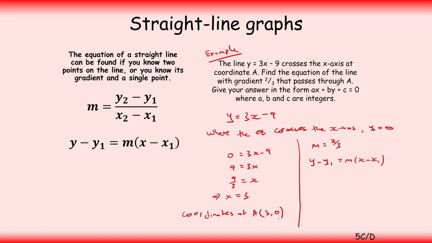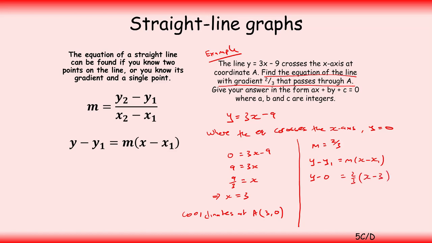It passes through point A. They tell us that in the question: find the equation of the line with gradient 2/3 that passes through the point A. So I've got y minus 0 is equal to 2/3 of x minus 3.